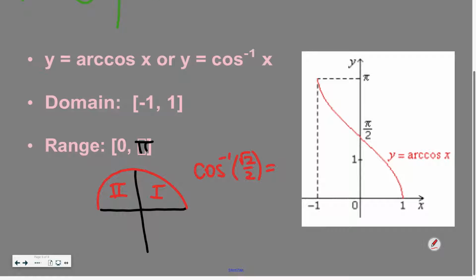Pi over 4. I know you know it. I'm asking you the easy ones for a reason. Now, if I ask you for the inverse cosine of negative radical 2 over 2, to fit our range, we're going to have to go into the second quadrant. 3 pi over 4.